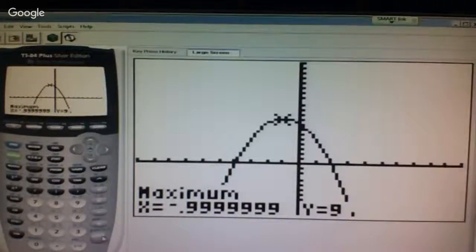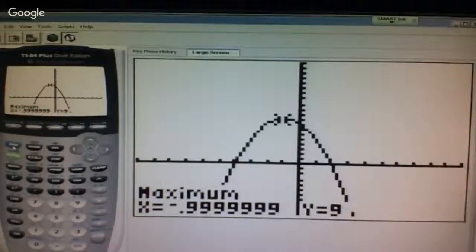Okay. So we have a maximum at -1, 9, which means my axis of symmetry is at x equals -1. To find your x-intercepts, actually, let me show you the short way to do this first.